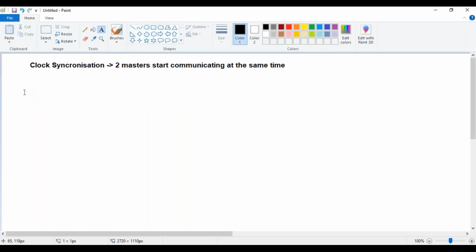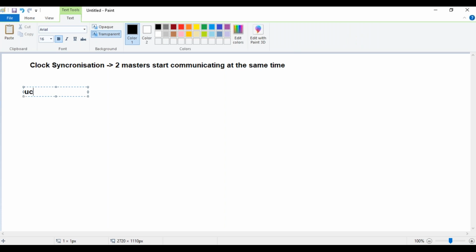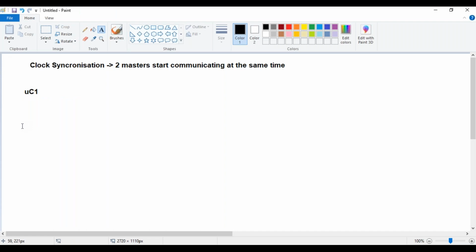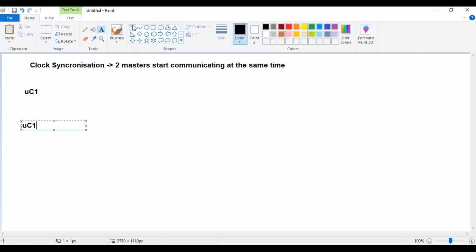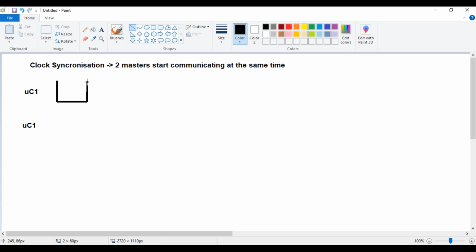Now assume I have one master, that is microcontroller 1, generating a clock pulse. I also have microcontroller 2 generating the clock pulse. Now scenario number 1 is, luckily both the microcontrollers started generating the clock pulse at the same time and at the same frequency. Okay, it's luck by chance. It is not going to happen every time.